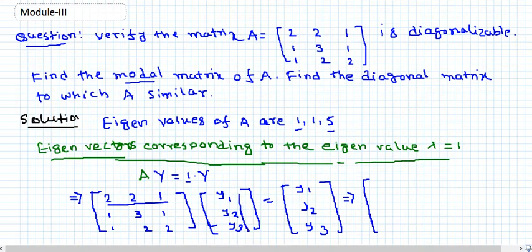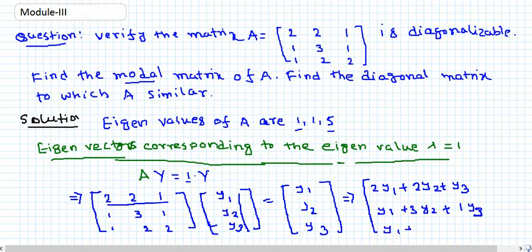After that we get 2y1 plus 2y2 plus y3, y1 plus 3y2 plus y3, and the third one is y1 plus 2y2 plus 2y3, which equals our eigenvector y1, y2, y3.